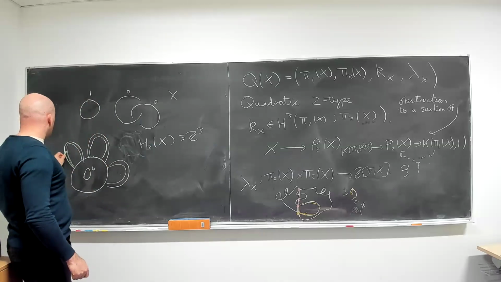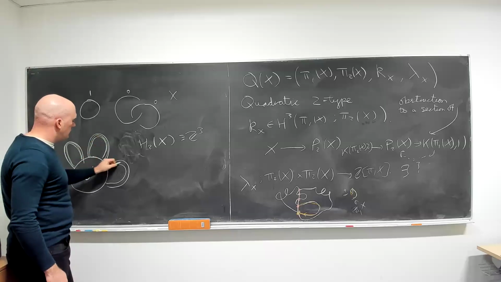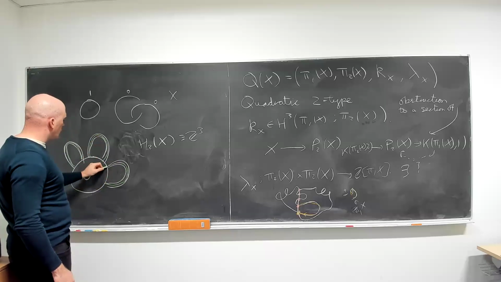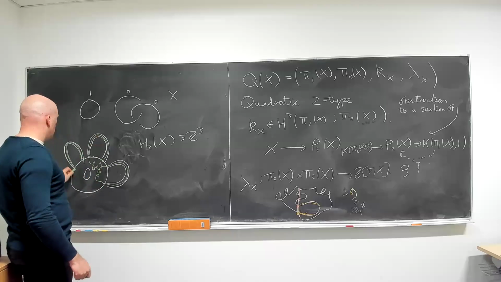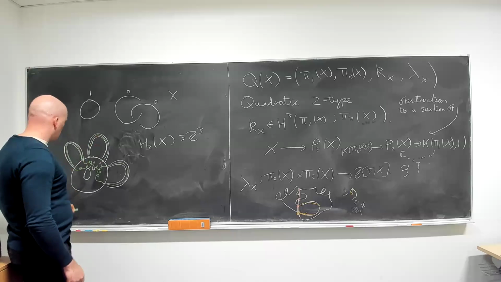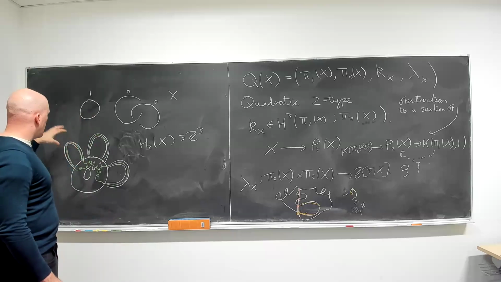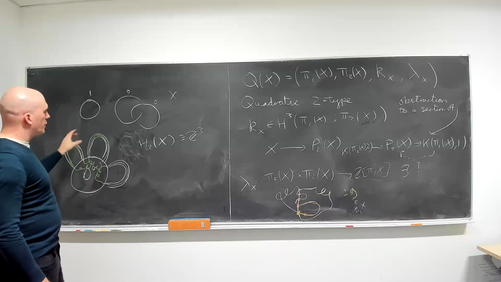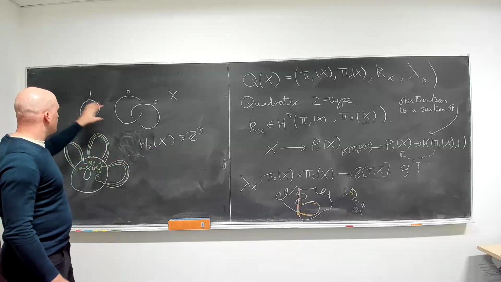If I take the core of each of the 2-handles together with null homotopies in the 4-ball for each of these 2-handle attaching maps, then I get a representative for that class in H2 of X corresponding to each of the handles.